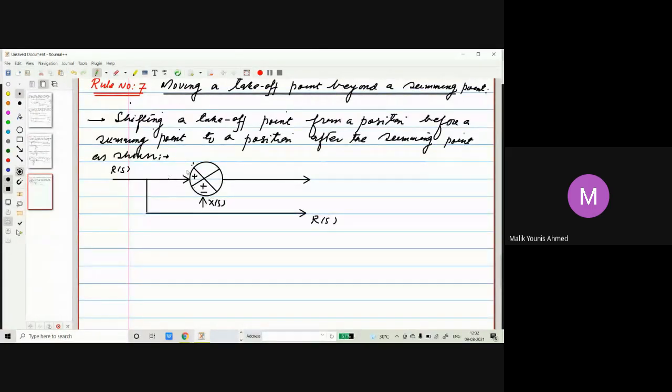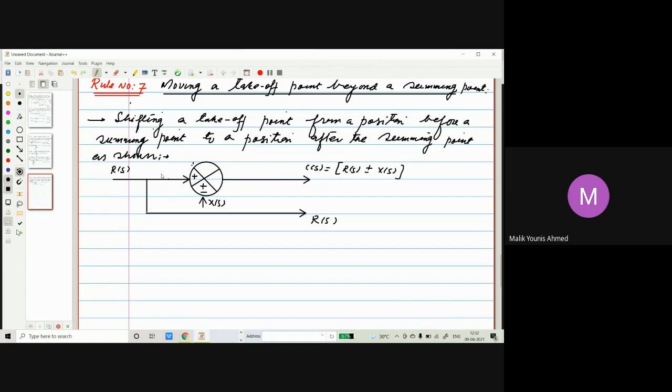Now this is R(s) coming to here, and this is X(s) coming from here. So output is C(s), R(s) plus minus X(s). This is the output you are getting here.